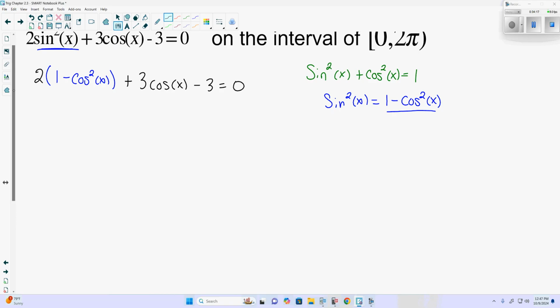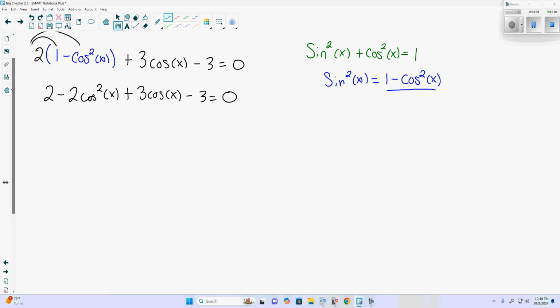Questions on this here? We need to distribute: 1 times 2 is 2, minus 2 cosine squared of x plus 3 cosine of x minus 3 is equal to 0.